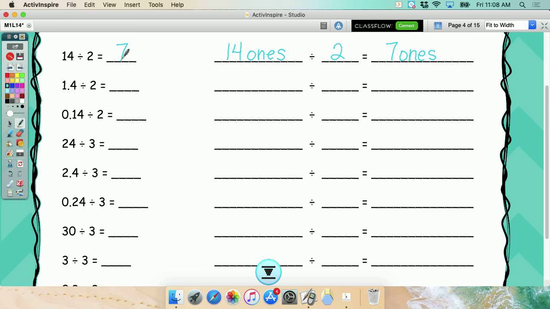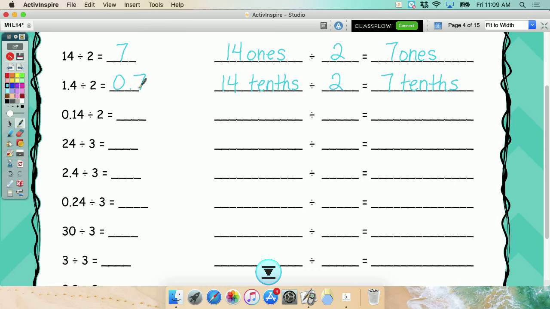Lauren, what do I need to write on the next one? 14 what? 14 tenths divided by 2 equals 7 tenths. How do you write 7 tenths, Lauren? Good.